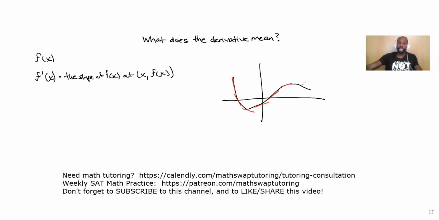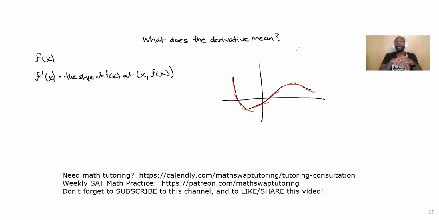The slope is essentially how a line is pitched, going up or down and whatnot. So obviously here the slope is negative because it's going down. The slope here coming up is positive. Over here, the slope is going negative again because the function is actually decreasing.